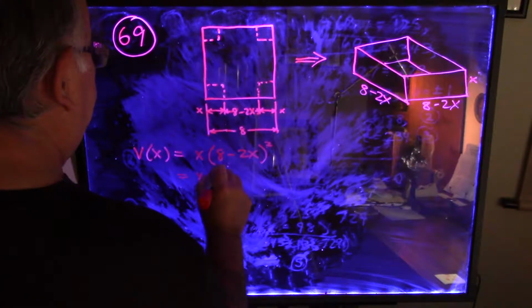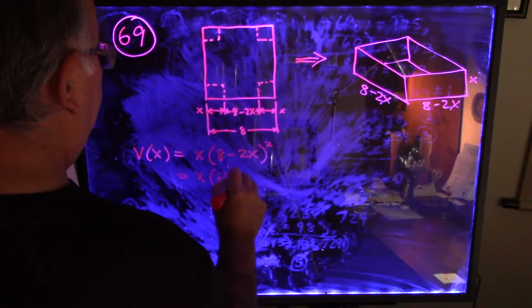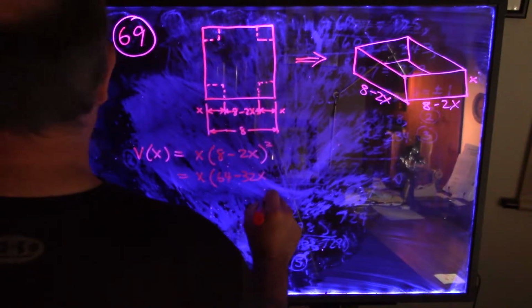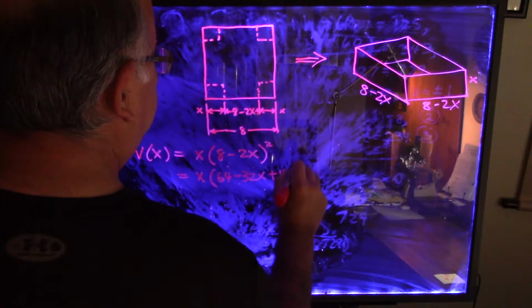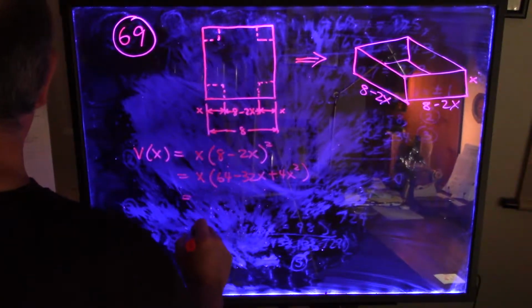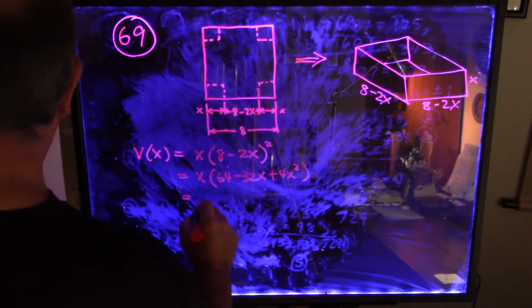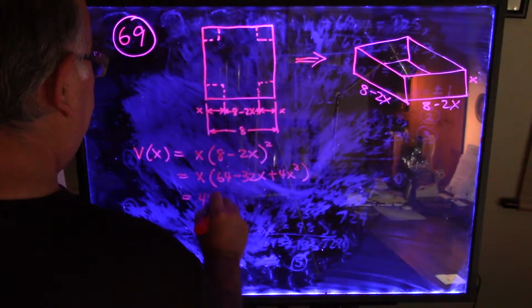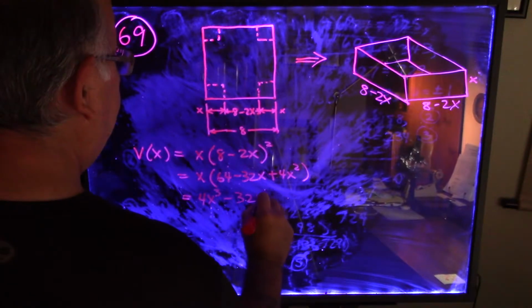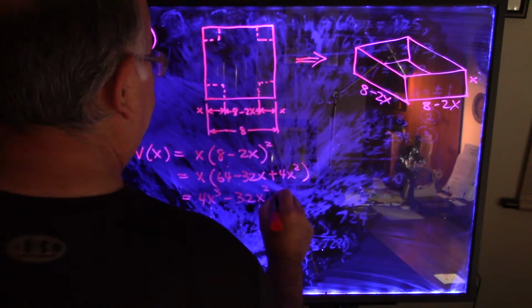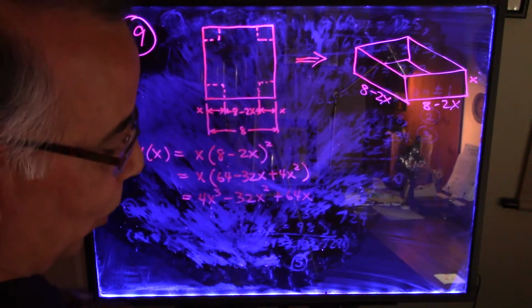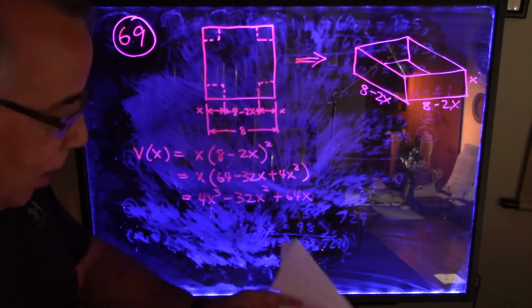That gives you x times 64 minus 32x plus 4x squared. When you square that out, and then distribute the x through, and then I'm going to arrange the terms in descending powers of x. So you get 4x cubed minus 32x squared plus 64x. And voila, there you go. That is your volume function.